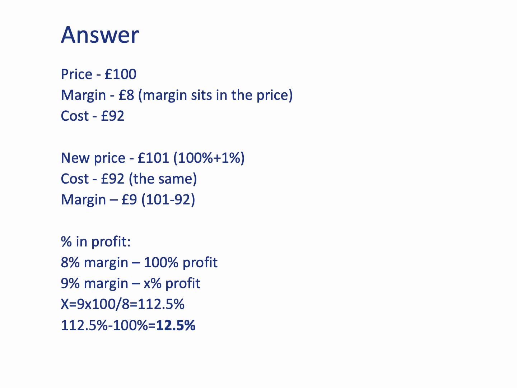Now this new profit becomes 112.5%. And if we now deduct the 100% profit we had before, the answer is 12.5%. So what does this mean? It means that a 1% increase in price when, say, a pair of jeans costs £100 will boost your profit by 12.5%.